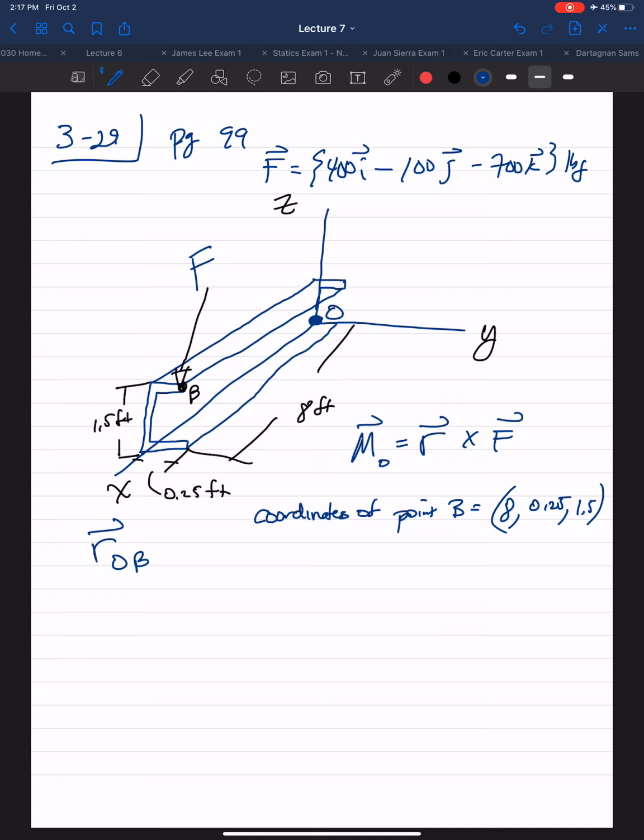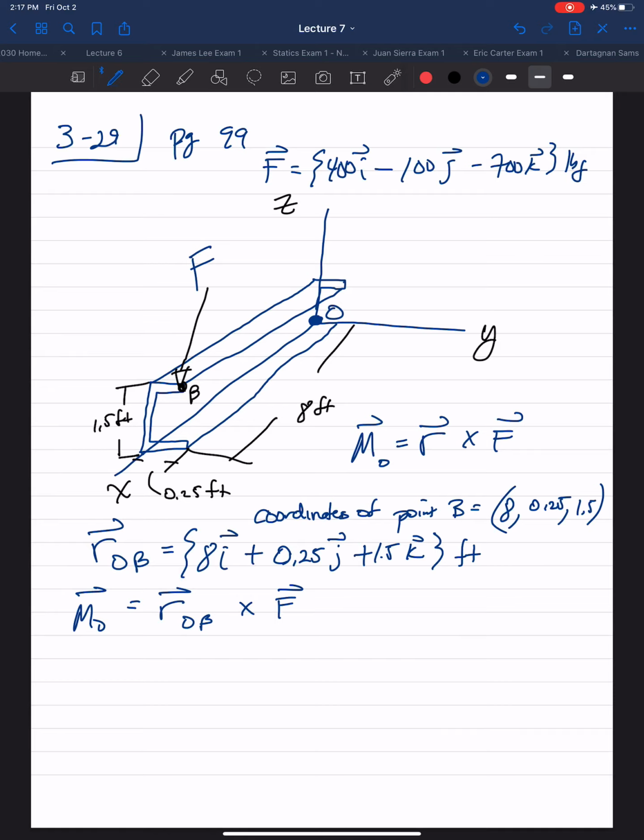So my position vector r_OB is 8i, remember magnitude and direction, 0.25j plus 1.5k feet. And therefore, my moment about point O is r_OB cross F. Let's go to a fresh page and rewrite that.